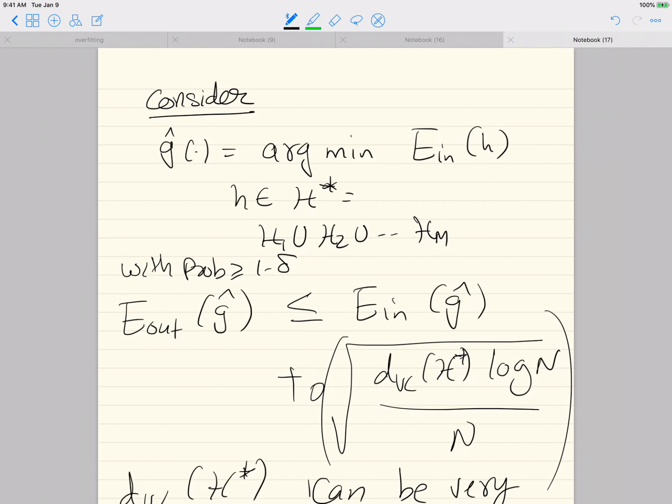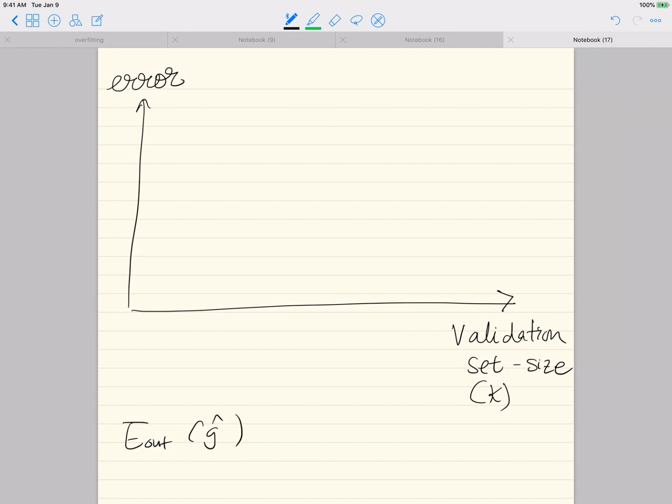We plot this quantity where we do not use the validation set. Can anyone guess what the shape will be on this plot? Yeah? It will be a constant line because it does not depend on validation. It will be some large value because it's generally very bad. You're overfitting, right? So E out of G hat will look like this.